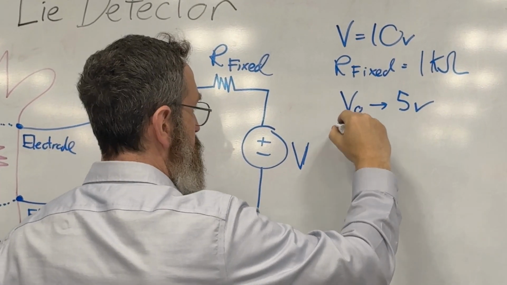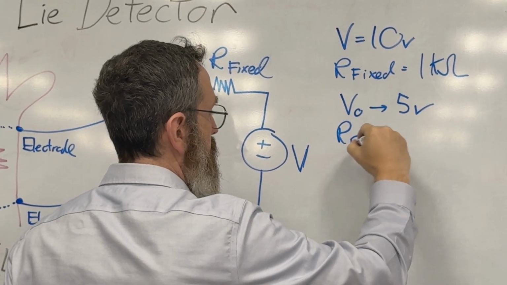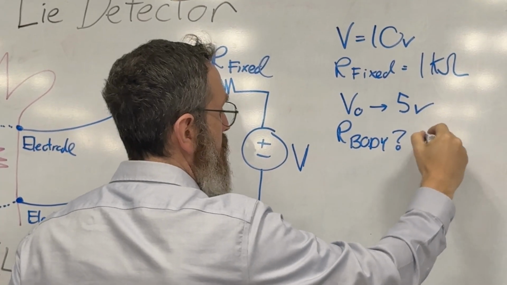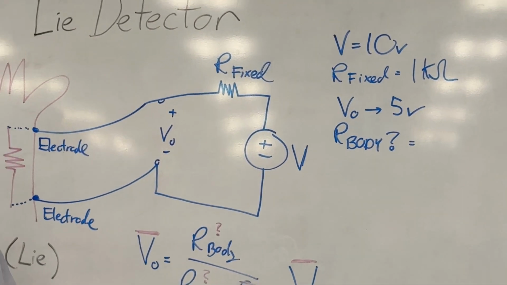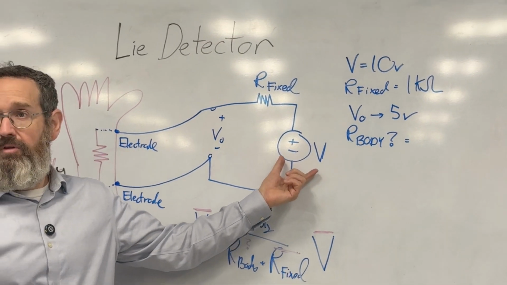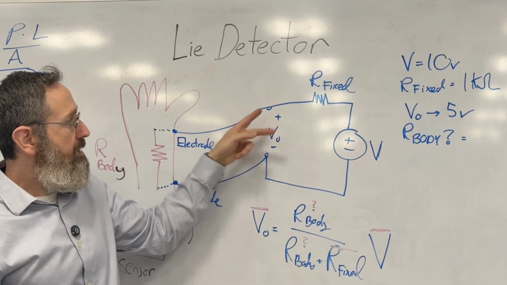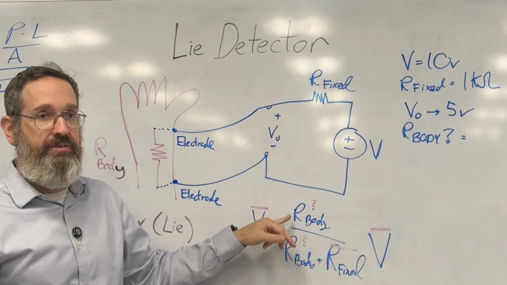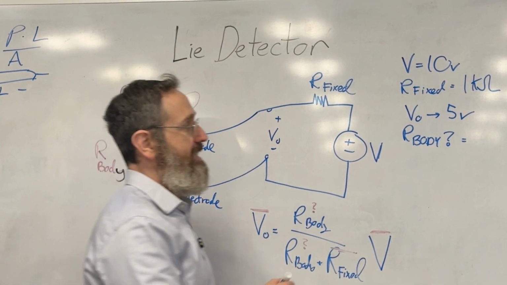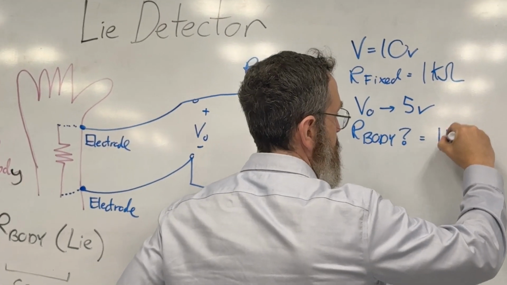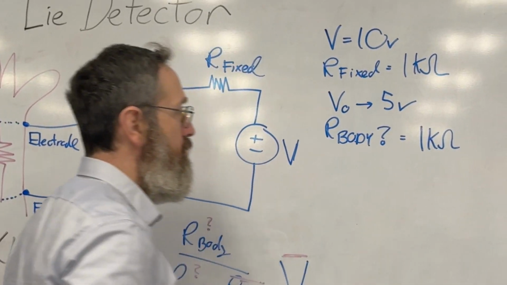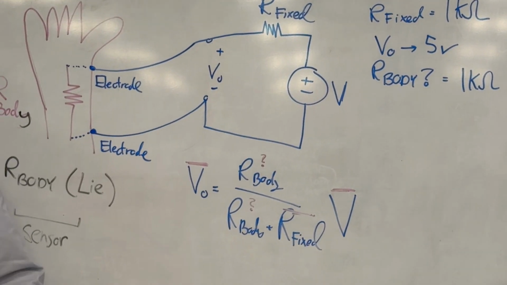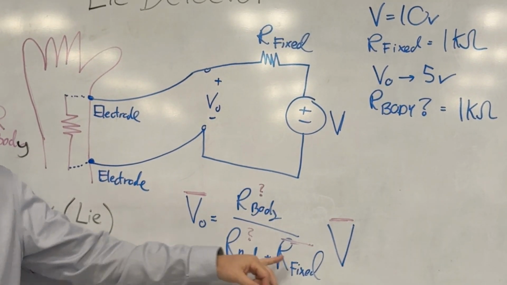So in this case, if you wanted to know what our body is, hopefully you can see that when you have 10 volts, to get 5 volts here, it means you have an even split. It means that this quantity here is a half. So that's why I can just quickly get to the point that I know that this is 1 kilo ohm, because 1 kilo ohm over 1 plus 1, that's where I get the half.